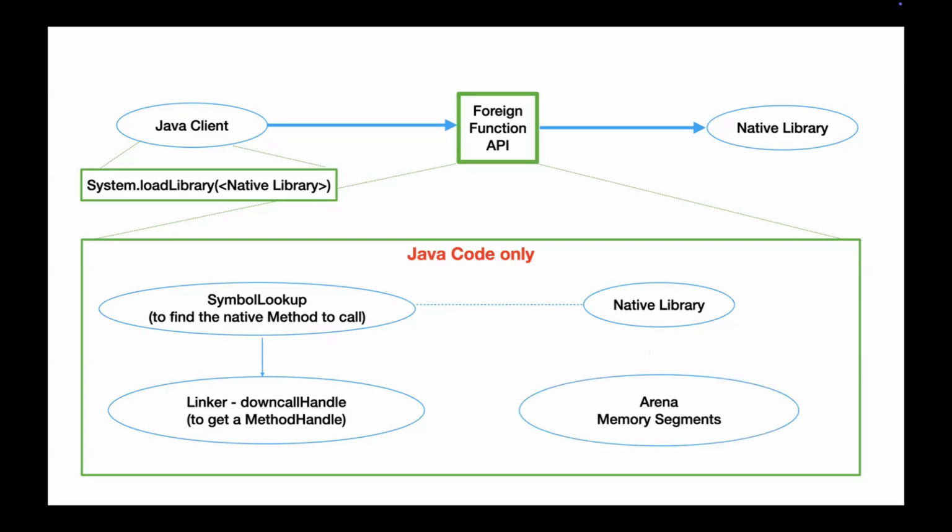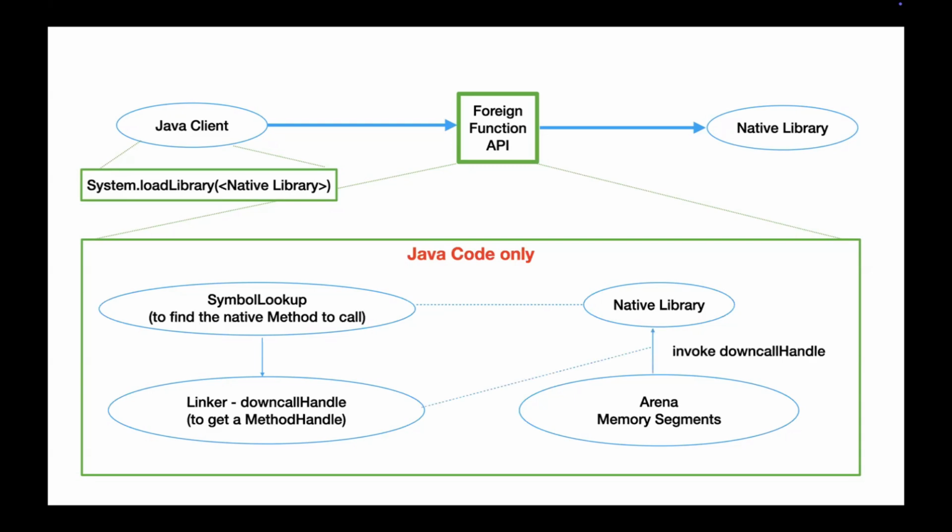And then you define an arena and a memory segment with the memory layout, which is kind of according to the structure you want to fill in or give to that method you want to call.